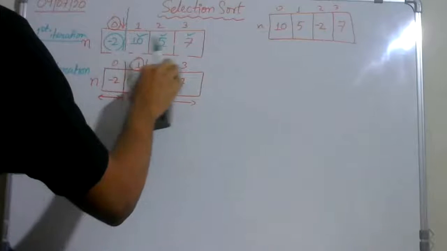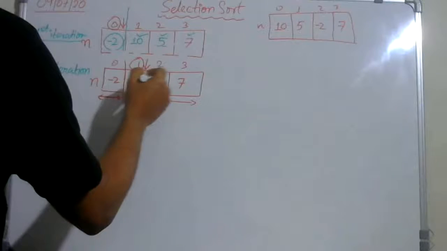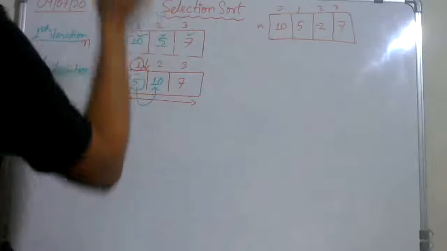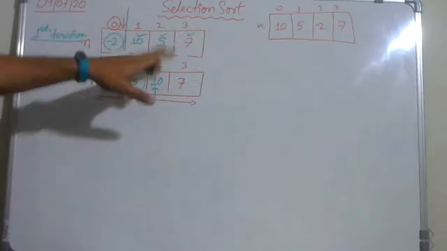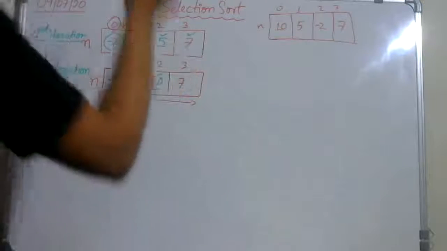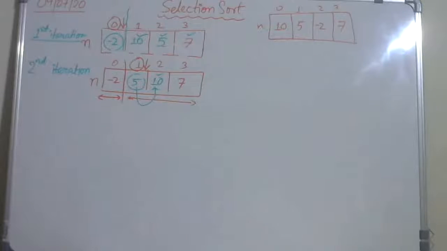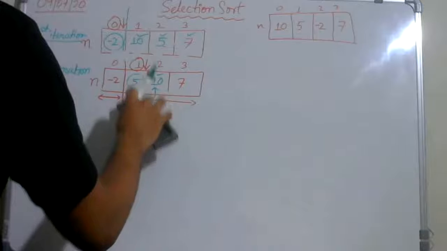So now 5 comes in place of 10 at position 1 and 10 comes in place of 5 at position 2. So 1 and 2 are the index numbers respectively. So after interchange, I have finished comparing with this element and they have been rearranged as per their correct positions.